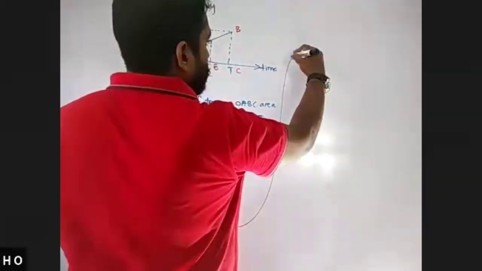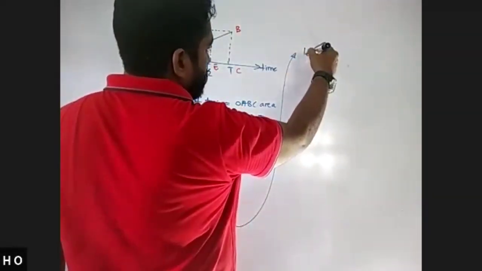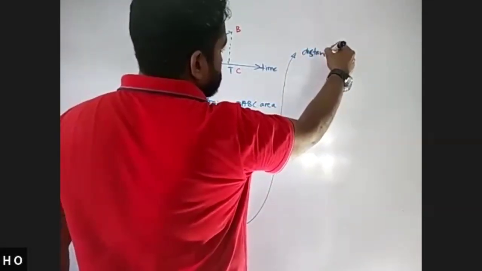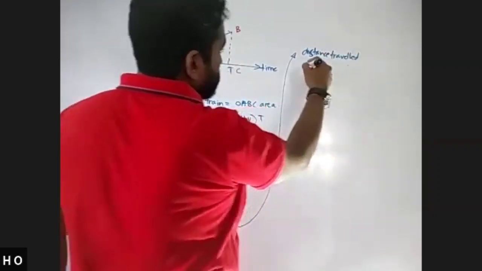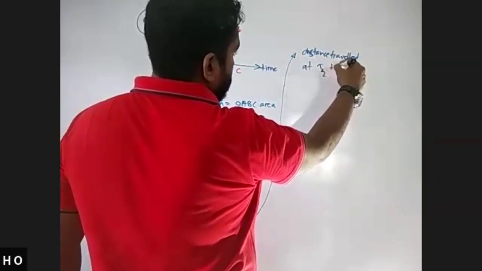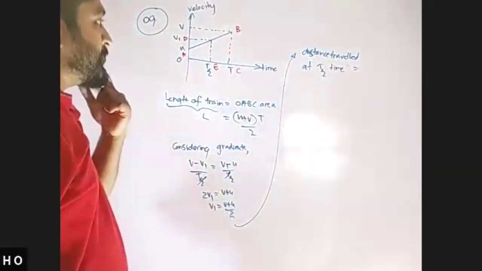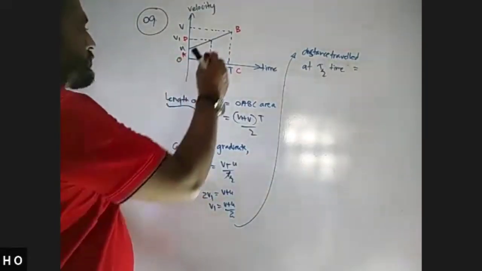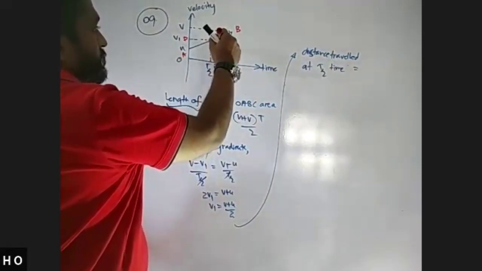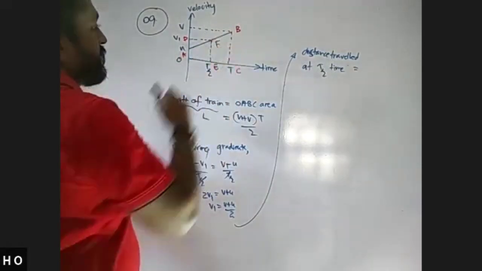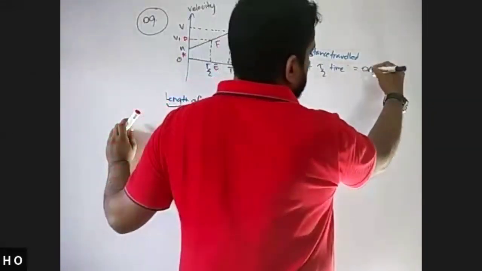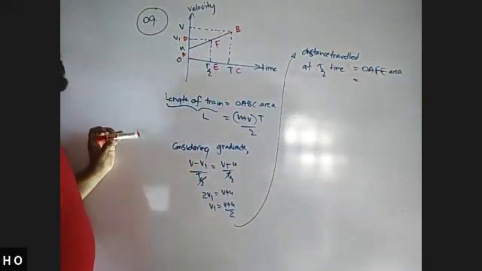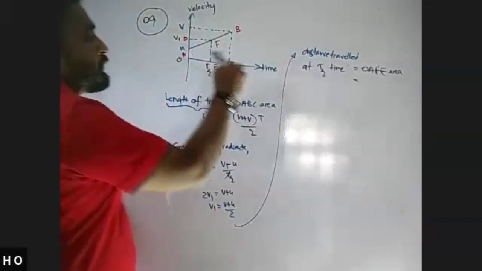Now you can find the distance traveled at t by 2 time. The area is OAFE, which is also a trapezium: (u plus v1) into t by 2, divided by 2.